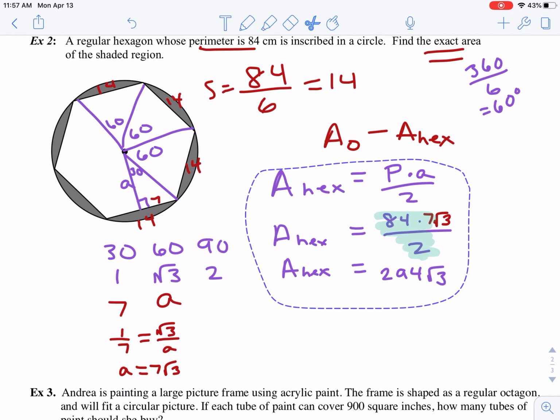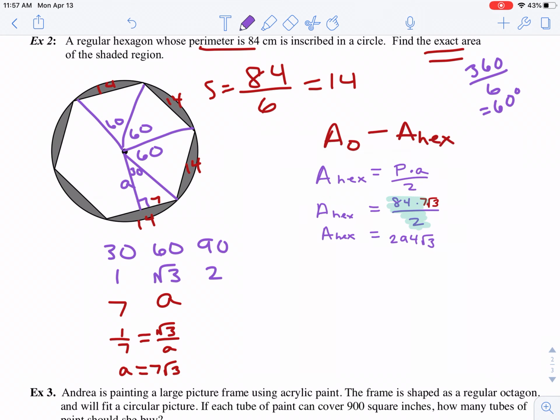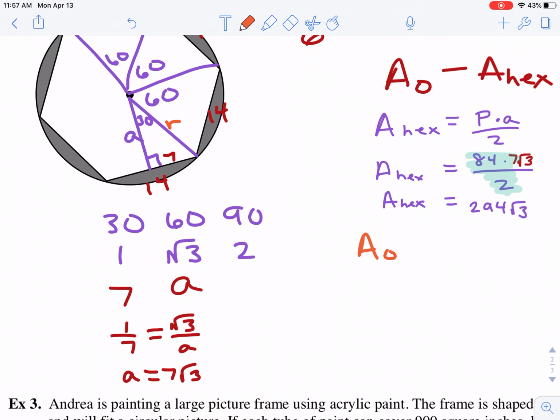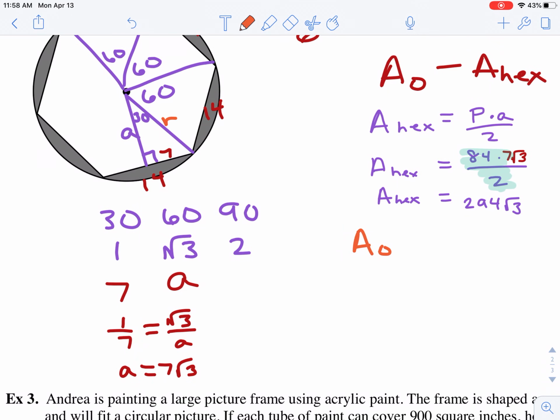What I want to find now is the area of the circle. Now, for the area of the circle, I need to know the radius of the circle, which is this right here, right? So I'm going to go back to my 30, 60, 90. My radius is across from 90, and I'm going to set up an equation to solve for the radius.